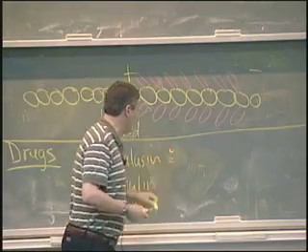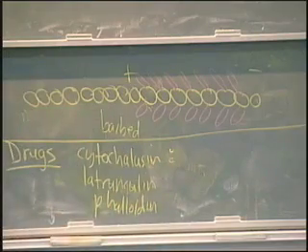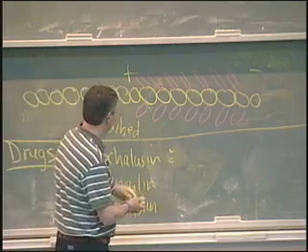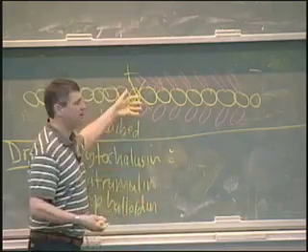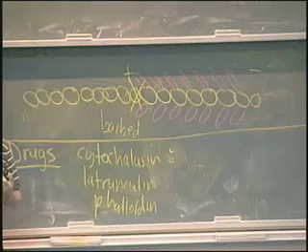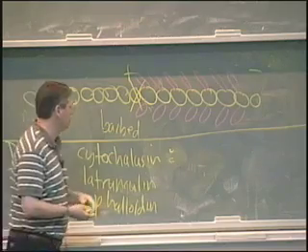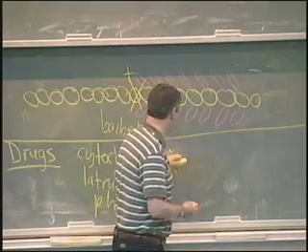Cytochalasin is really interesting because cytochalasin caps the barbed end of the actin. Basically, it binds and blocks assembly from occurring at the preferred assembly end of the actin filament. So it will attenuate actin assembly.